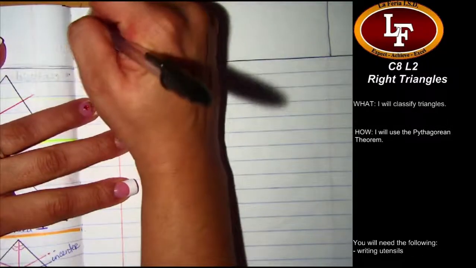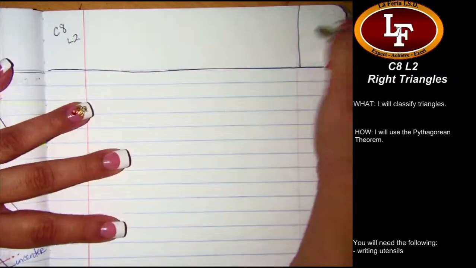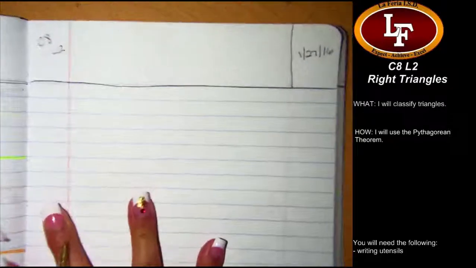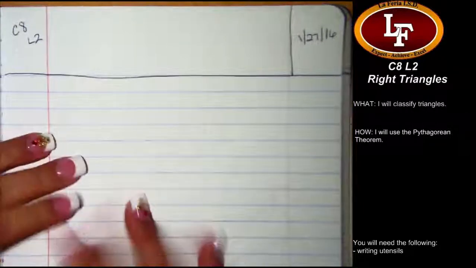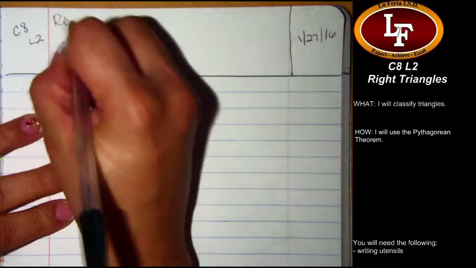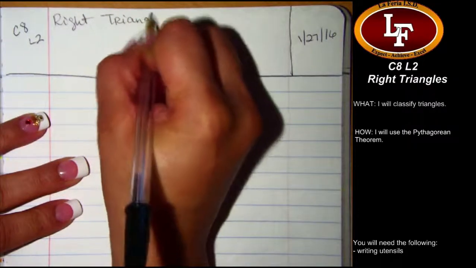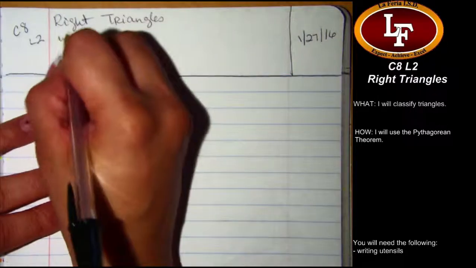It was just story time. If you didn't write the title for yesterday, please make sure you do so now. If you did write the title yesterday, you must make sure to get the new objectives today. So we're still looking at right triangles, and we'll be looking at right triangles for the rest of the 6 weeks, that's for certain.